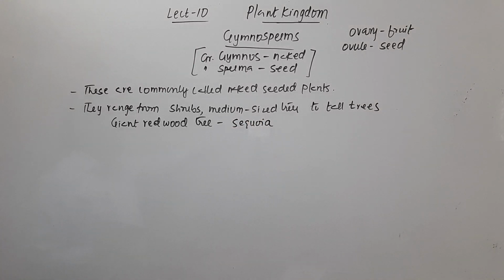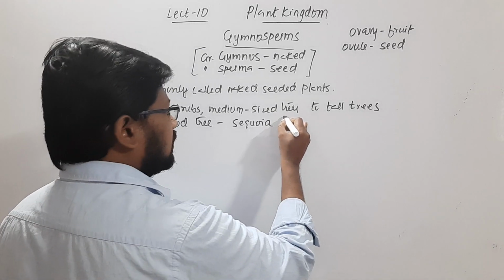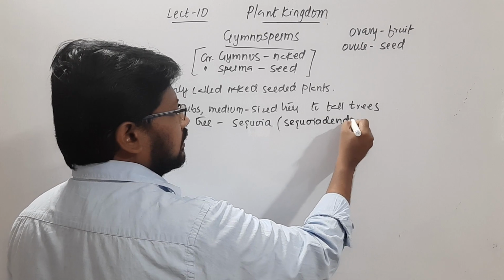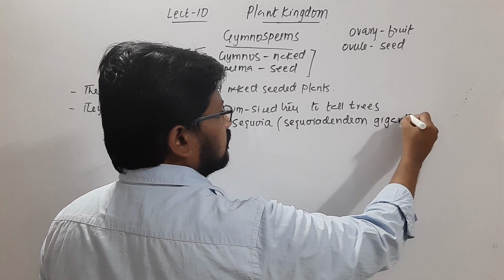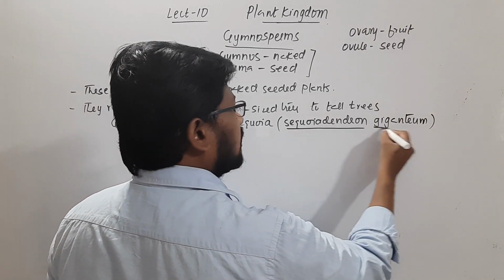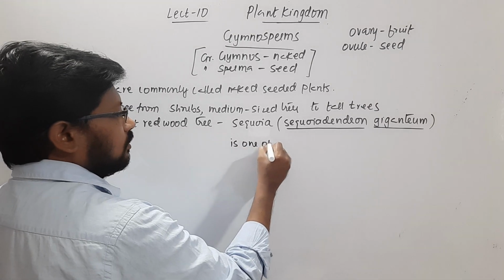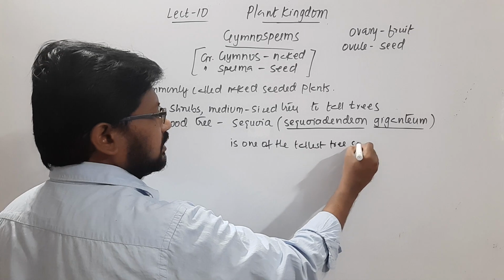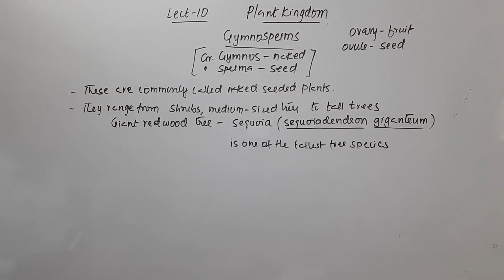Its complete scientific name is Sequoiadendron giganteum, and this is one of the tallest tree species in the world.